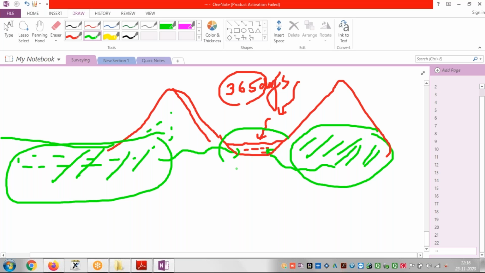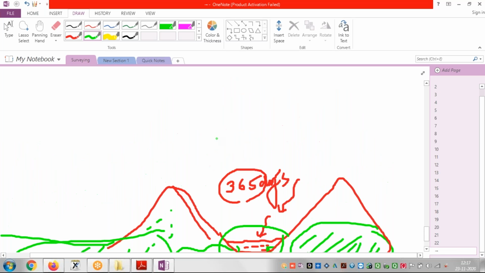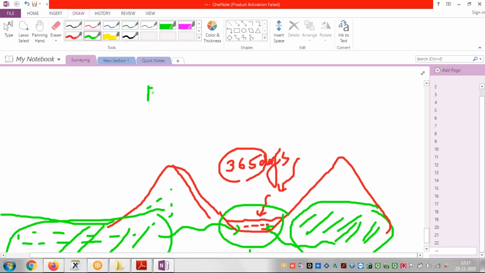Then you will observe that this river flows for the whole 365 days because of this base flow. So base flow is the water which goes into depth and meets the water table, and that water table gives water to the river.